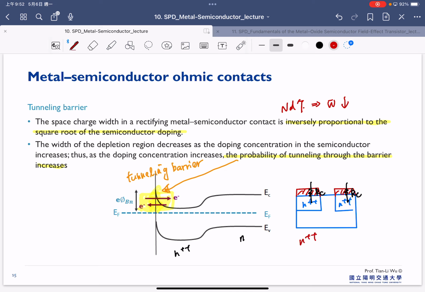So once we use a higher concentration, we expect the contact resistance is reduced. And one of the reasons, of course, sometimes we choose a certain work function to make it an ohmic contact. And not only this, sometimes we also consider using a very high concentration because we want to lower the RC. And one of the reasons is that it can form the tunneling barrier between the metal and semiconductor.